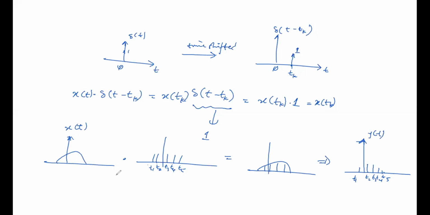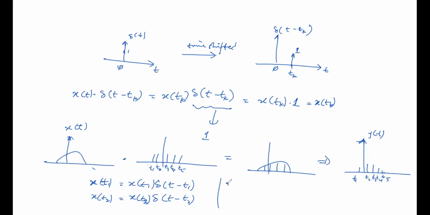Technically, it means that S of t sub 1 is S of t sub 1 times the shifted version of t minus t sub 1 occurring at that time instant. Then S of t sub 2 will be S of t sub 2 occurring at this time instance t minus t sub 2.